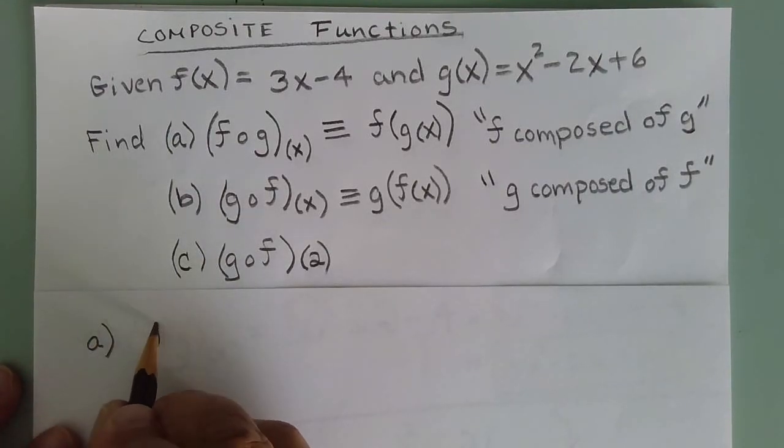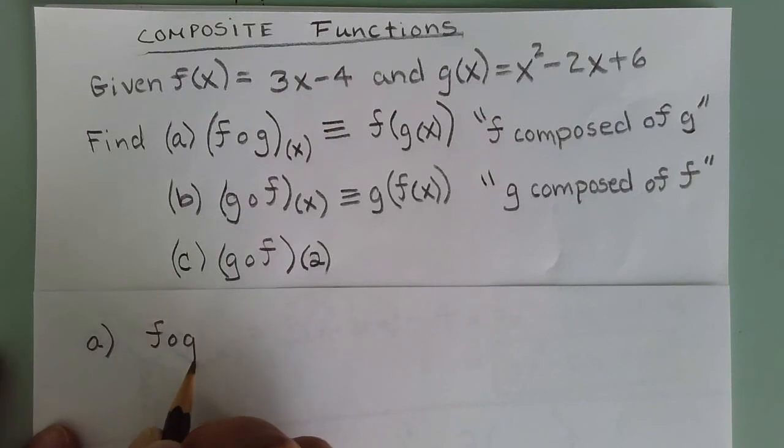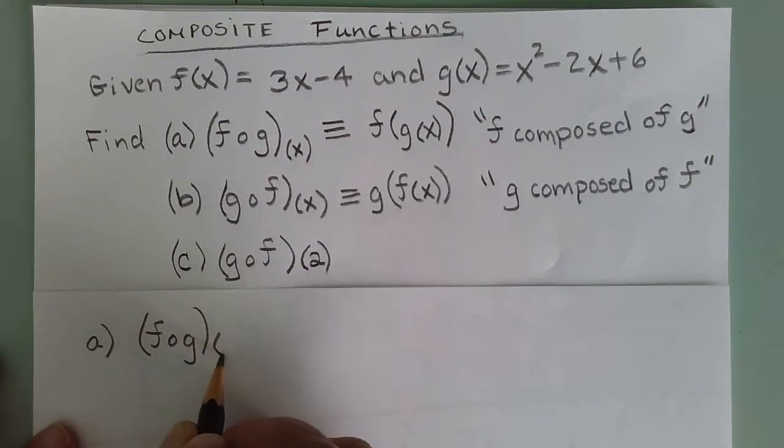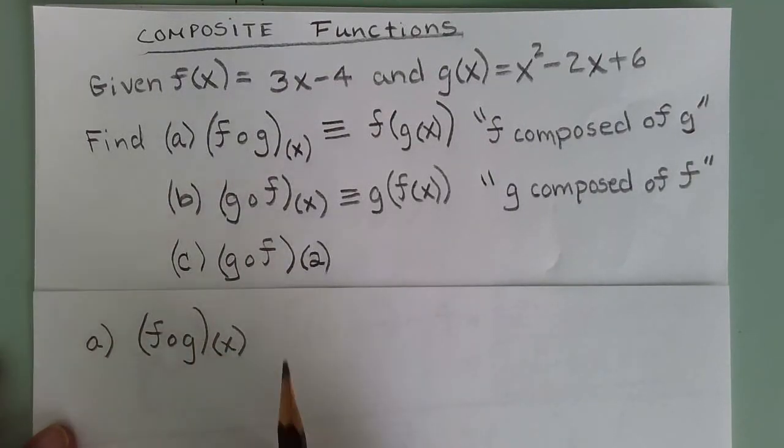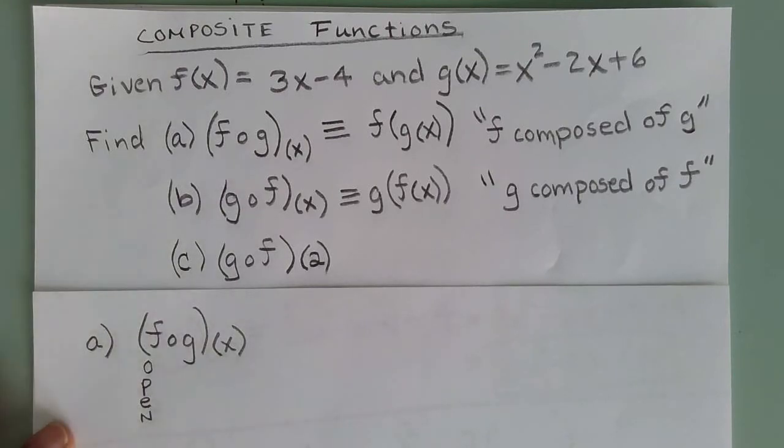I think the best way to look at this is that whenever you're doing a composition, there is an outer and an inner function, and you're always going to open the outer function. You will always perform the composition in that manner.